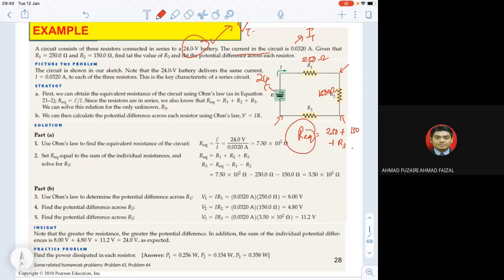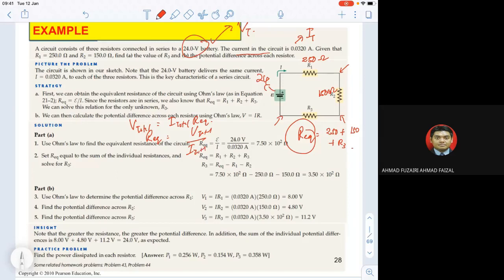We don't have the value of R equivalent, but we can calculate it using V total. V total is equivalent to I total times R equivalent. So R equivalent is V total over I total. So what is V total?